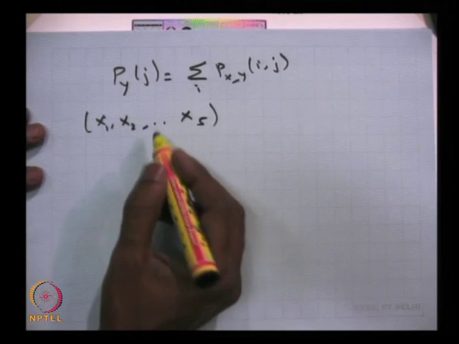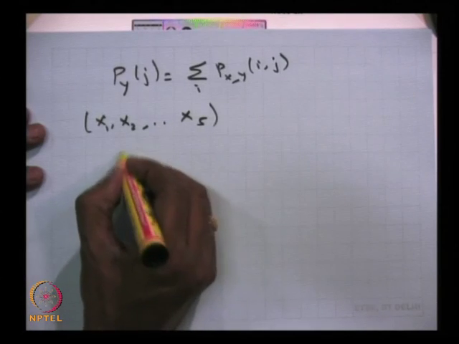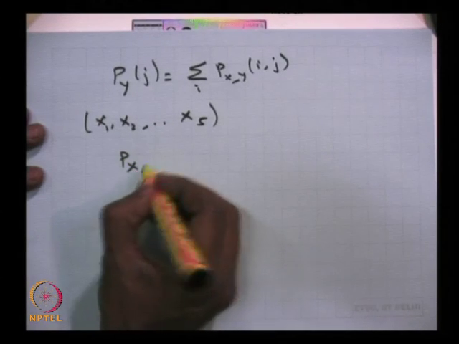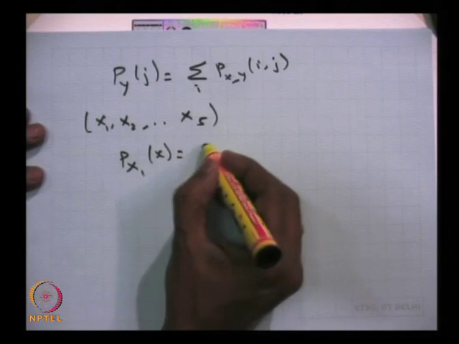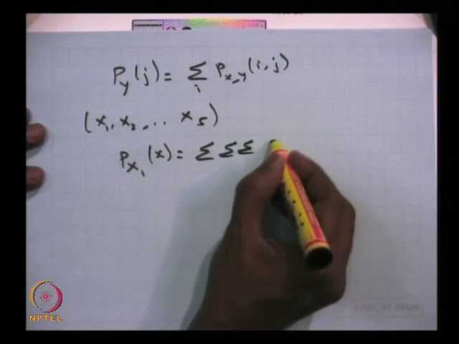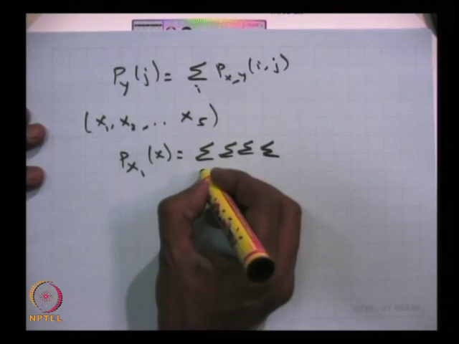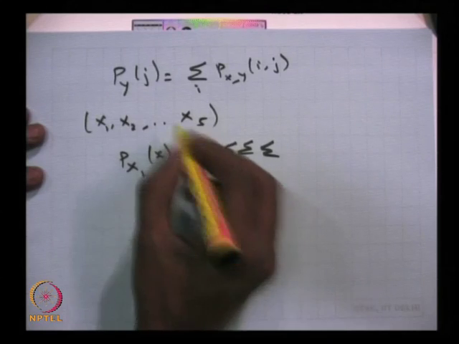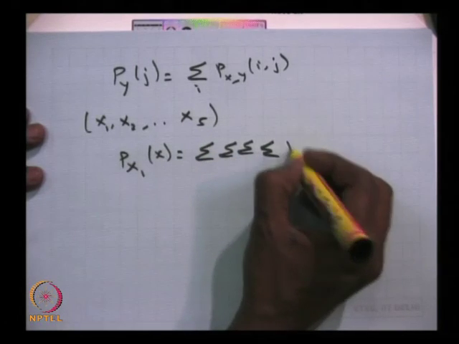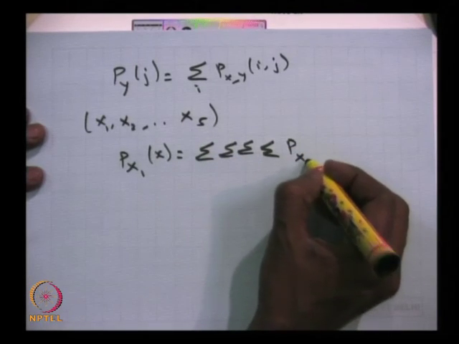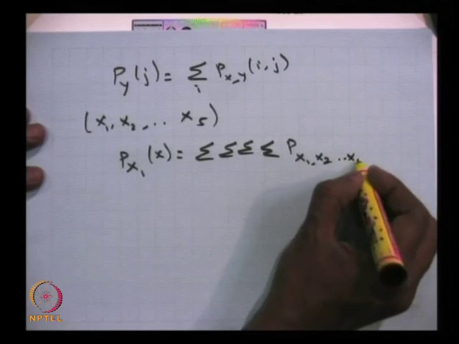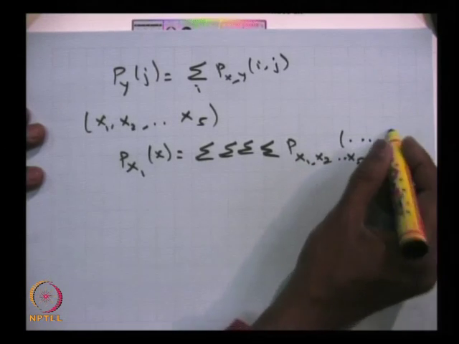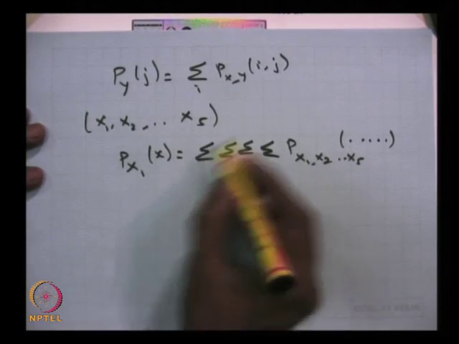If you want to find the probability mass function for one random variable, you can always get it by making the summation over the other random variables.